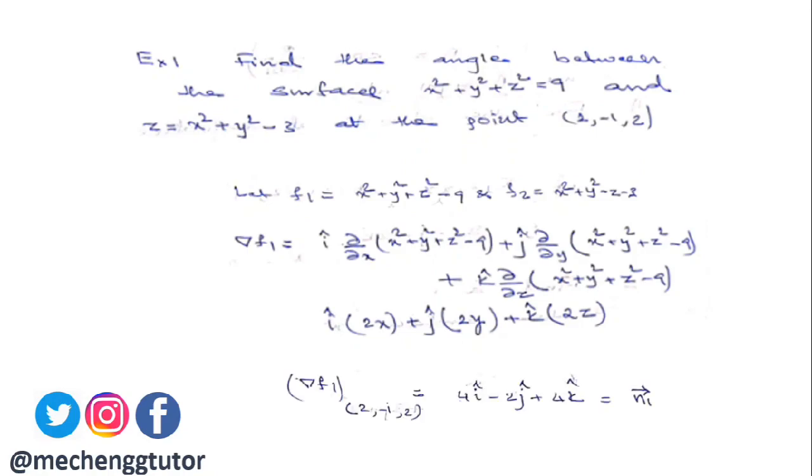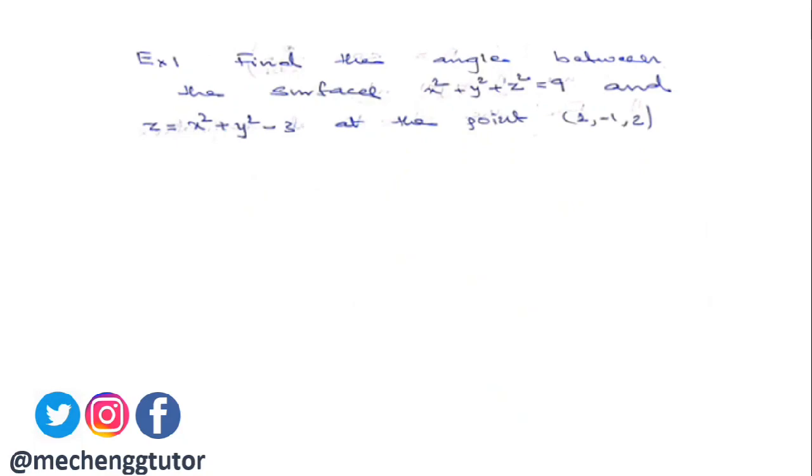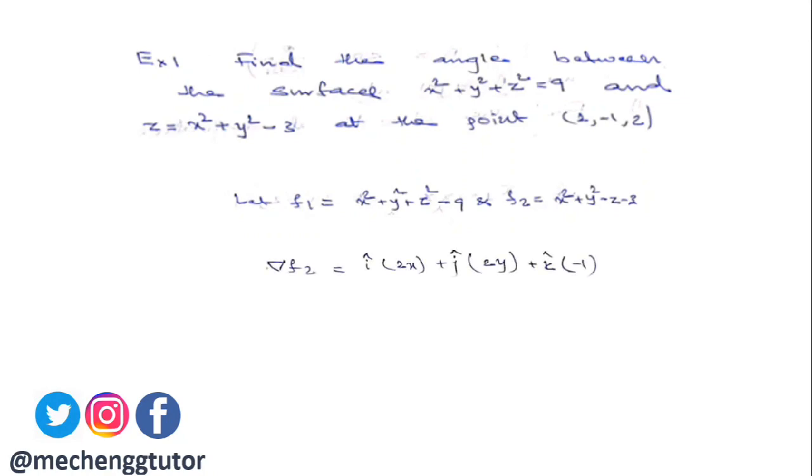Now calculate del f1 at the given point (2, -1, 2). In place of x, y, z, substitute the x coordinate, y coordinate and z coordinate. So you get 4i minus 2j plus 4k, and let us call it n1 bar. Next we shall consider f2.